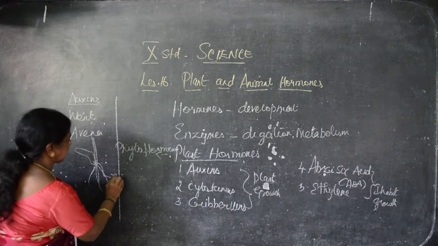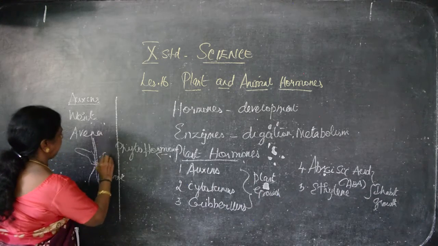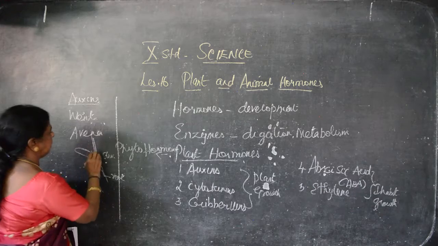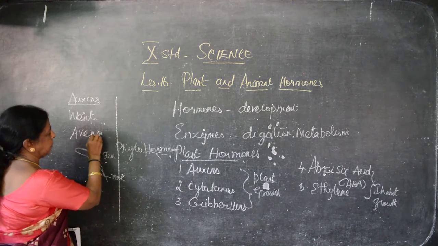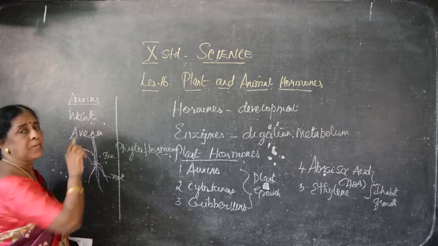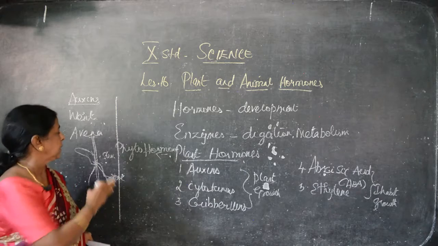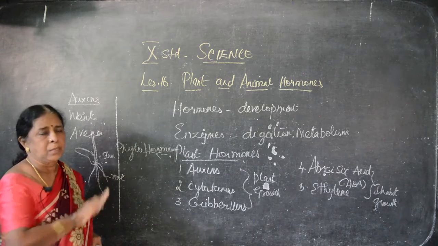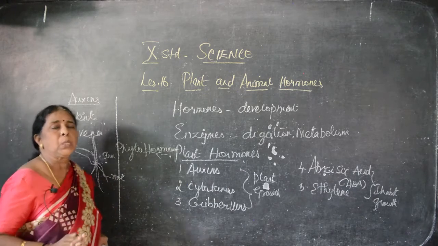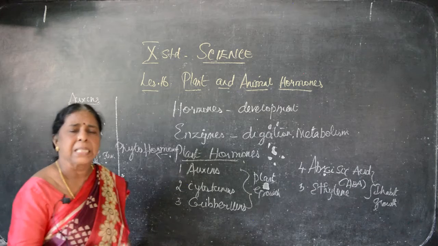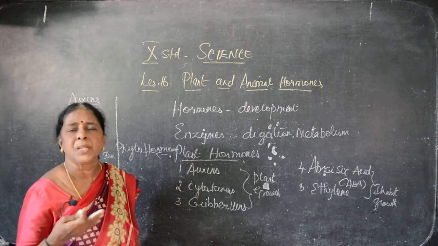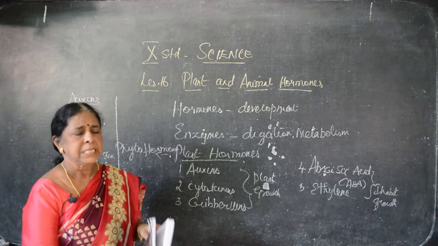Because it has root as well as stem. This is the tip. He cut the tip and observed whether the plant grows or not. That Avena coleoptile did not grow because there is nothing to grow, because they are not using auxin there. Clear? Second, what he did?